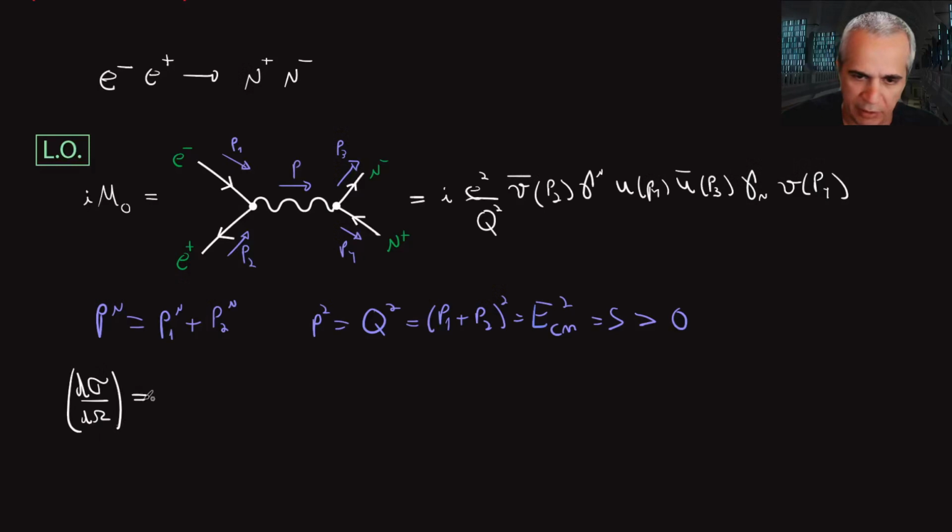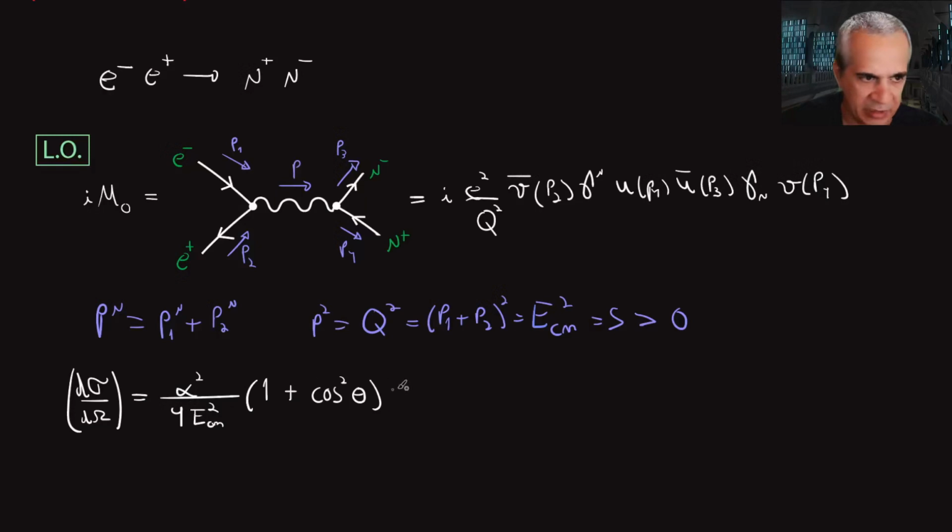When you do that, you obtain this for the differential cross-section, where you still have the angular dependency: alpha squared over 4 times the center of mass energy squared, times 1 plus cosine squared theta, where theta is the angle between these two final momenta.